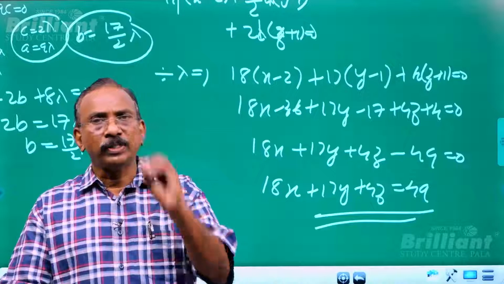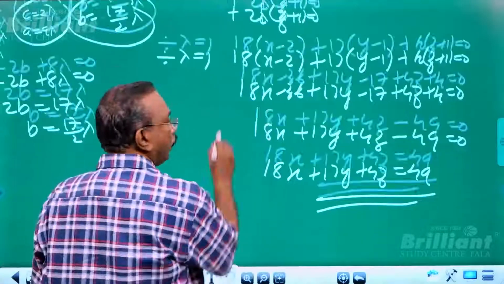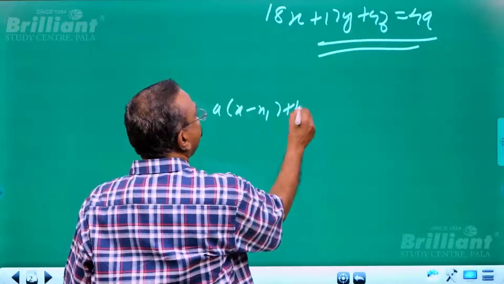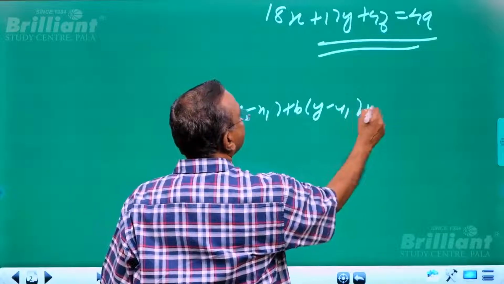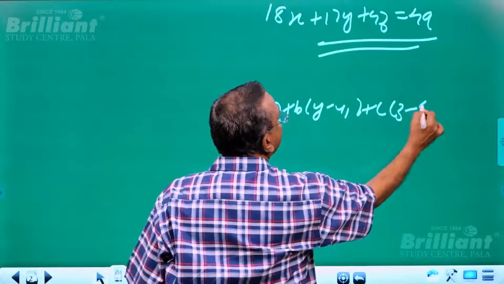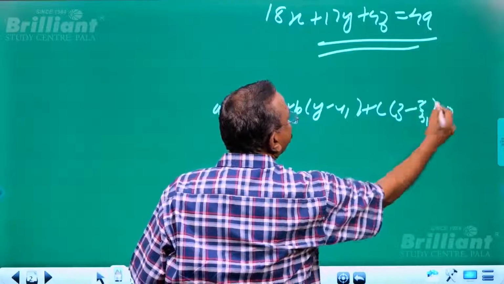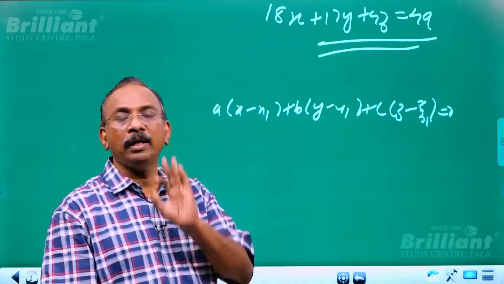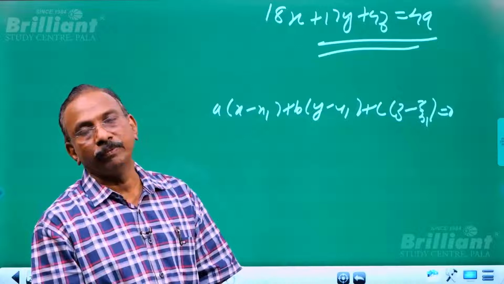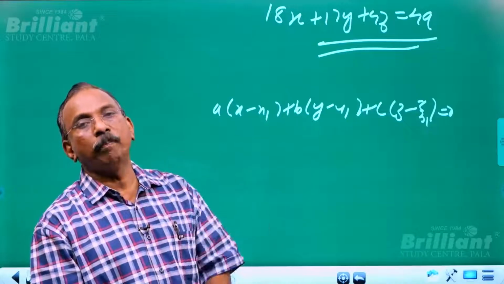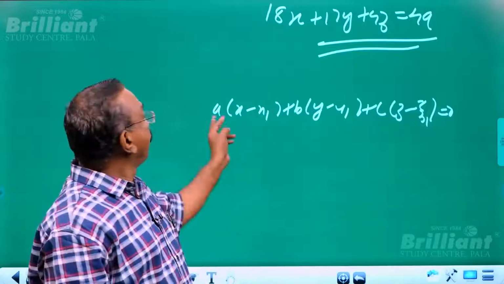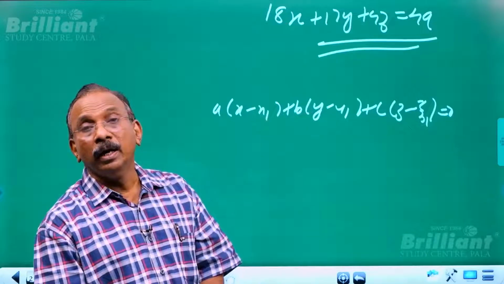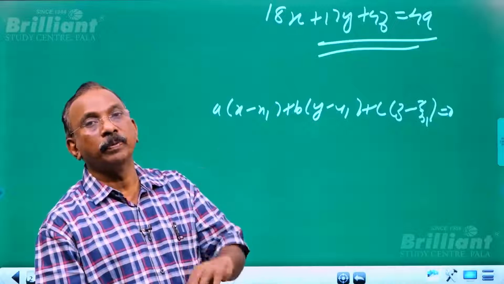So listen, first of all, you should keep this formula. The equation of a plane is A into x minus x1 plus B into y minus y1 plus C into z minus z1 is equal to 0, because any plane passes through x1, y1, z1 and has direction ratios A, B, C. Now if it is perpendicular to a plane, then A, B, C are exactly the normal, so that normal is perpendicular to the next normal.